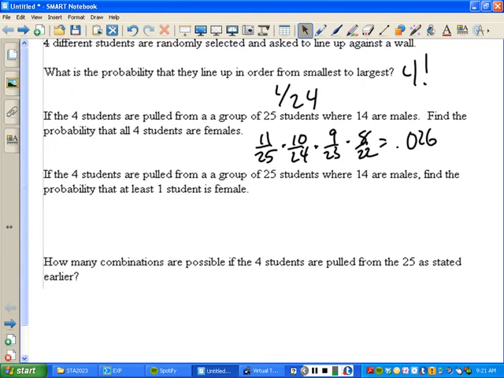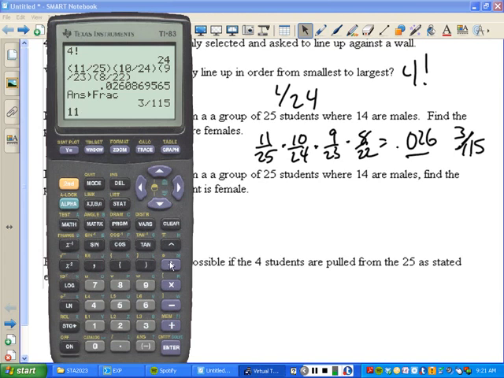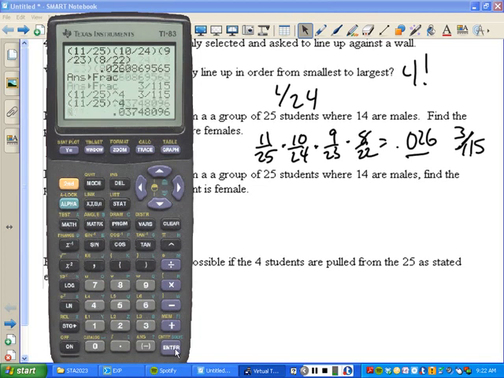The question, just in case you didn't hear it as you're watching, was do we want a decimal or a fraction? And the answer is, I don't really care. The one thing I would prefer that you not do is just write down a decimal without showing any work. Let's take a look. If you were to do 11 over 25 raised to the 4th, how dramatically different is the answer?